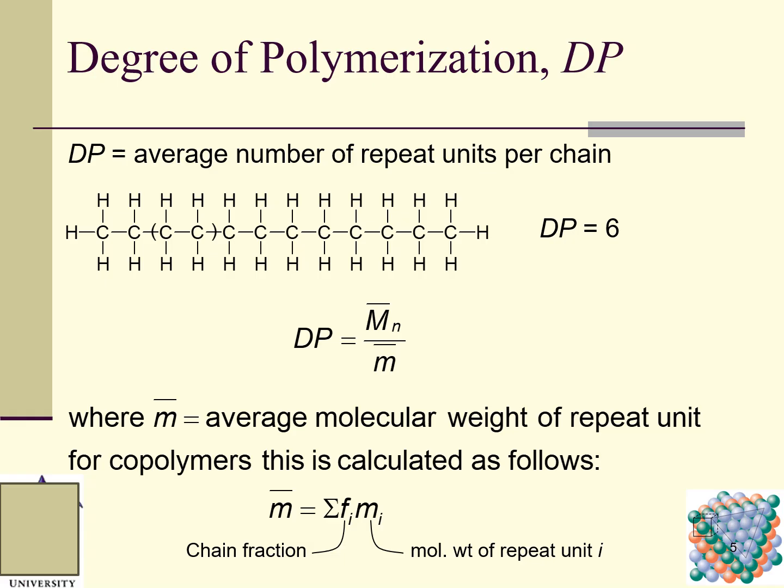If we have a total of chains, this one is the average molecular weight of the repeat unit for copolymers, calculated as follows. So M bar equals the chain fraction times m, where m is the molecular weight of the repeat unit. If we use this equation, we can get this M bar, and then we use this equation to get this DP. Any questions regarding this slide?